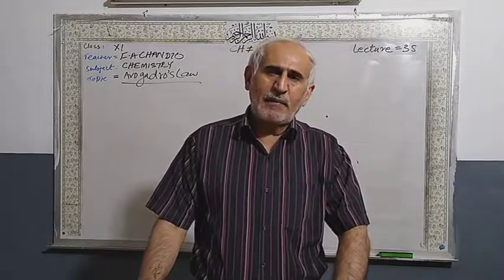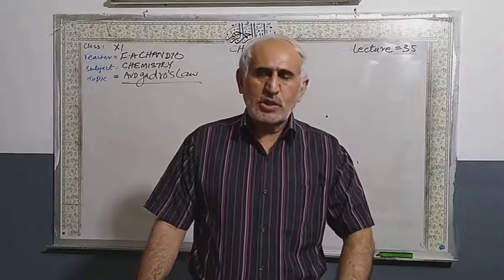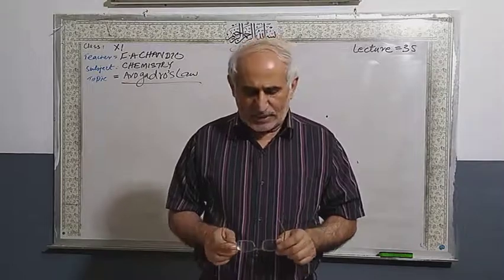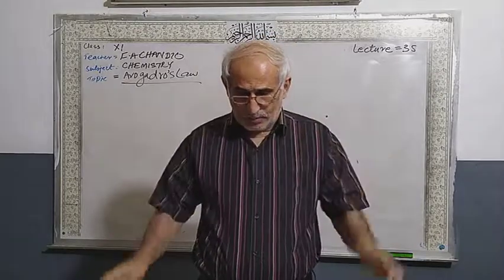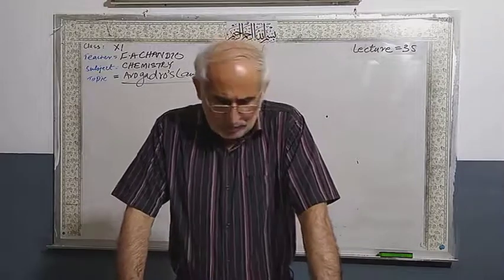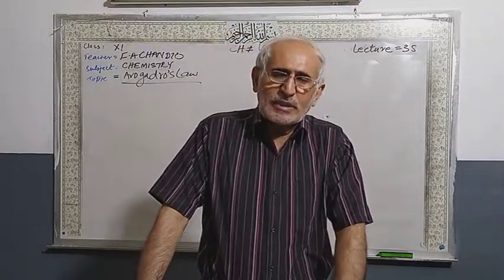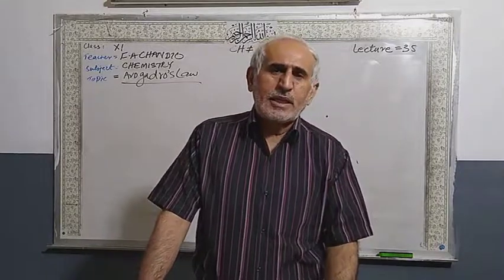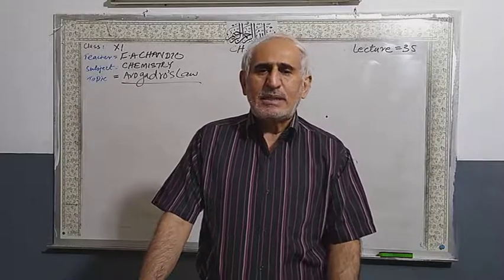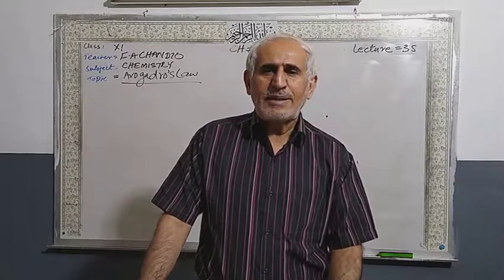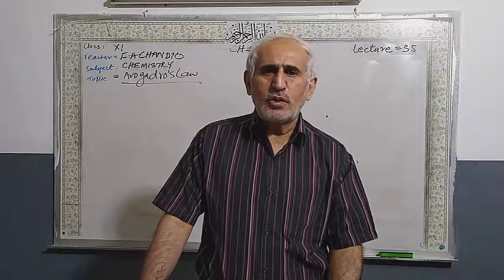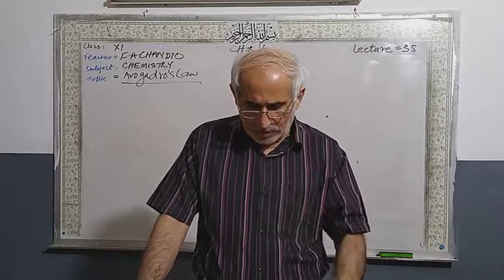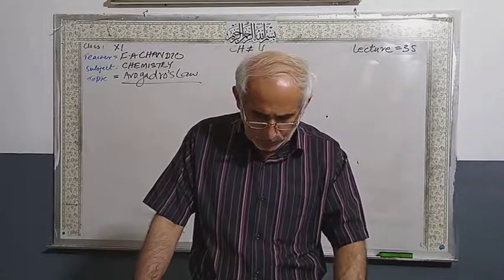In 1811, Amedeo Avogadro proposed that a volume of any gas at a fixed temperature and pressure must contain the same number of independent units, independent particles. These particles may be atoms, molecules, formula units, or ions.